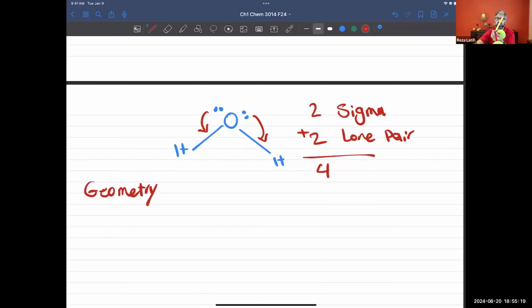If I take the second one and I make it a lone pair and take these 2 lone pairs off, what do we have? Okay, what's the difference between these 2? The top one is linear. And how about this? If you take the top one and you just bend it that way, you will get bent geometry. So the geometry is going to be bent.